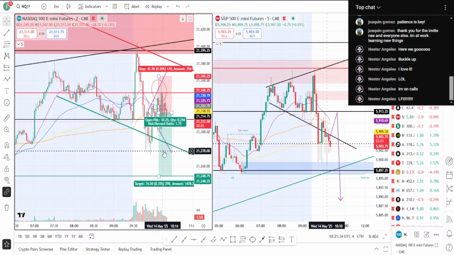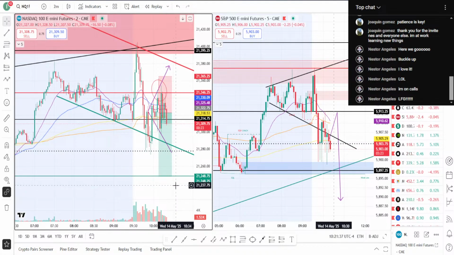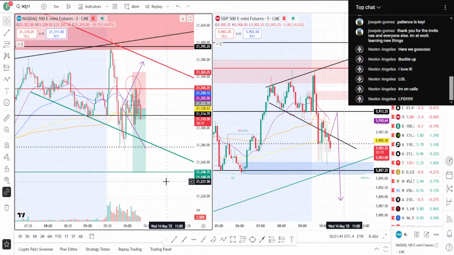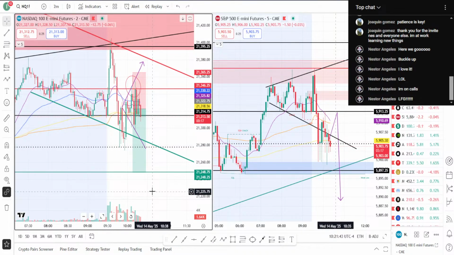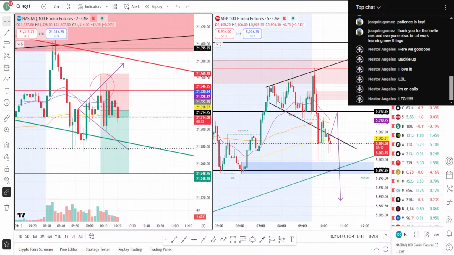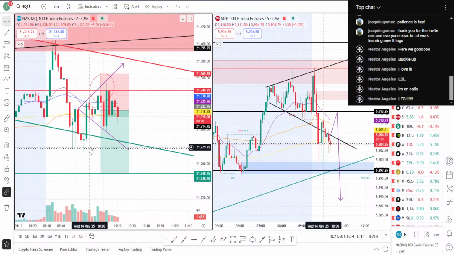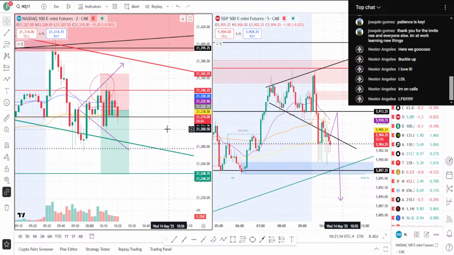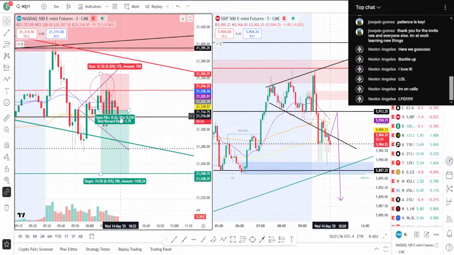I know we have the previous day close here as well, but since we bounced off of it before, we could come down and break it this time. We need to close below that low though.